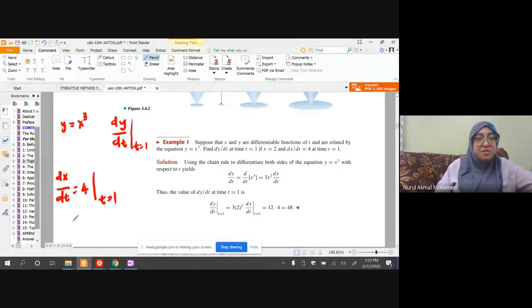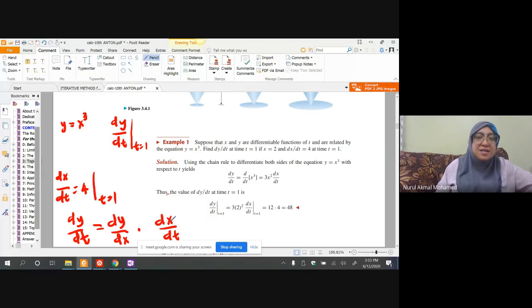From the chain rule, the question wants us to find dy/dt. So dy/dt is equal to dy/dx multiplied with dx/dt. The dy/dx can be obtained from this one.